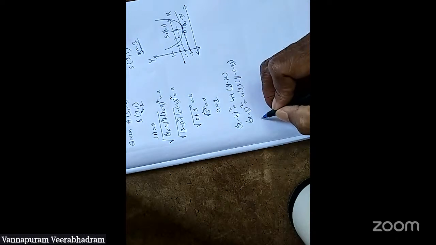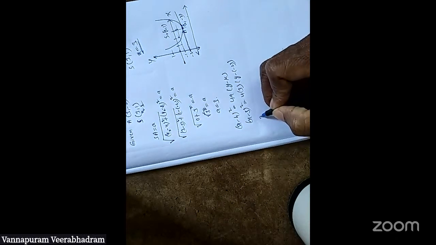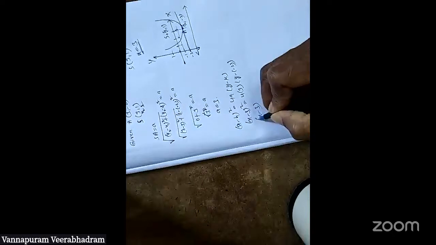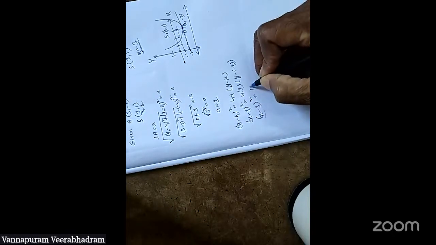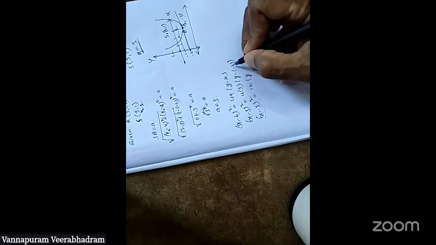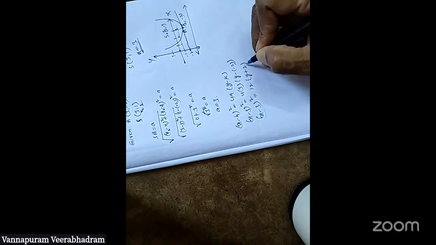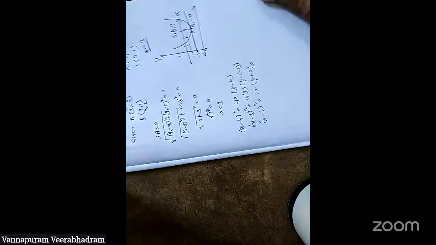So now simplify, x minus 3 whole square equal to 4 3 is 12 into y minus half minus, that is plus 2. So this is the required equation of the parabola.